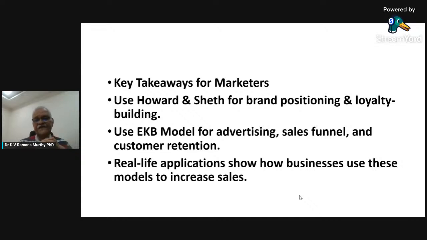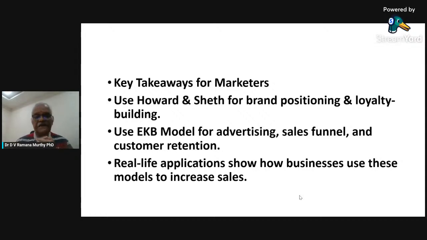Use Howard and Sheth for brand positioning and loyalty building. The Howard and Sheth model helps marketers in aggressively positioning the brand, and second, in loyalty building, meaning they want to build brand loyalty in the mind of the consumer.